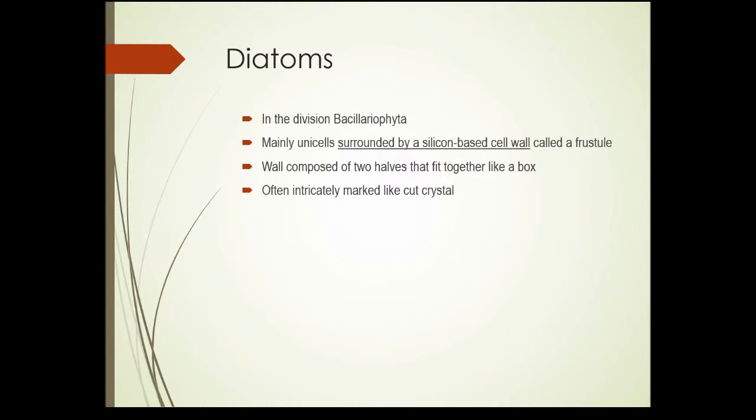The diatom structure is very, very different than that, and it's this silicon-based or solid cell wall, again called a frustule, and this wall fits together. There's 2 halves of it, and they fit together like a box, like a lid on a box. And being silicon, they're often really intricately marked, like cut crystal.